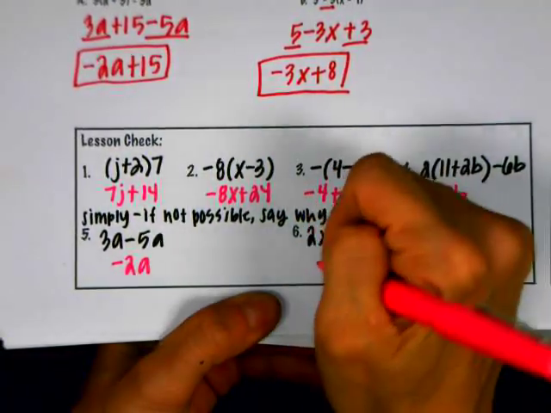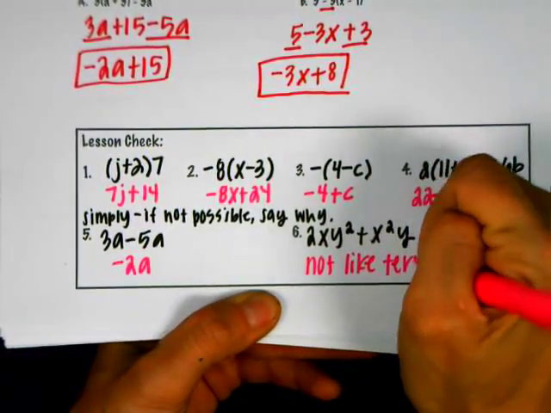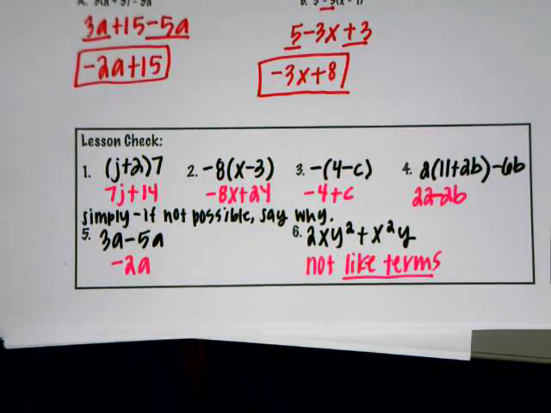And 6, you cannot do that because they are not like terms. Looking for that vocab right there, like terms, that you know what like terms are and you know that those are not like terms. Okay? So that is that lesson, and you just need to get your homework done and email me if you have questions.